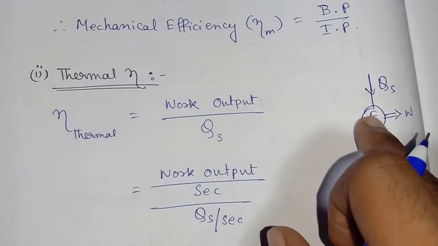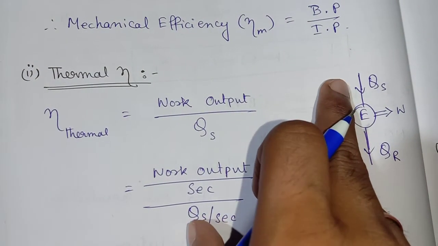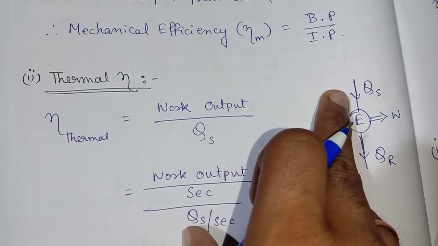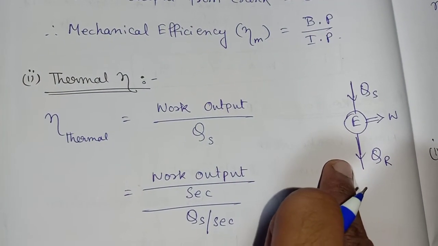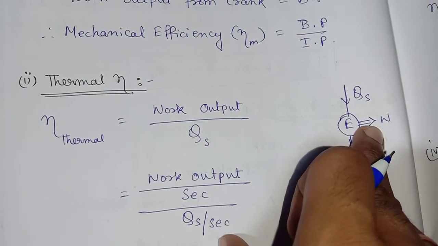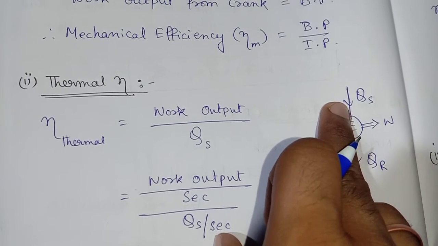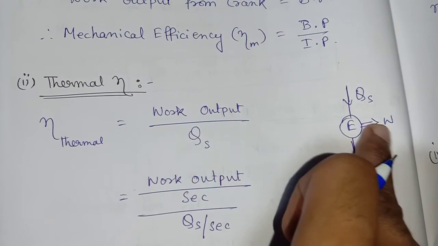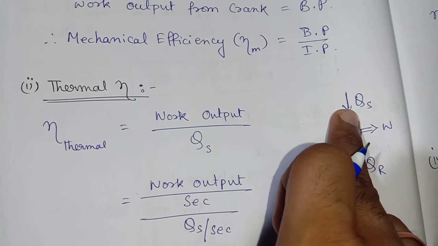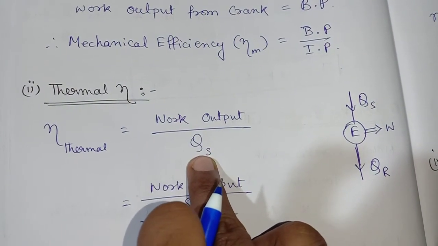If we have an engine and we give some heat, denoted by QS, and heat rejected is QR, then QS minus QR is equal to work done, that is output, and input is QS. Efficiency is always output by input. Output is work and input is heat supplied.